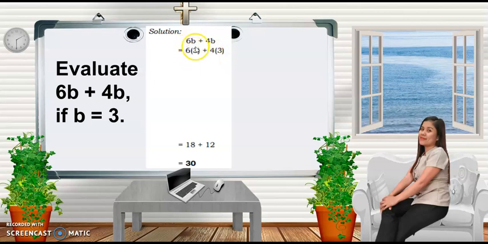So instead of writing b beside 6, we are going to substitute the value of b, which is 3. And the same with the letter b beside 4, we substitute it with the value 3.